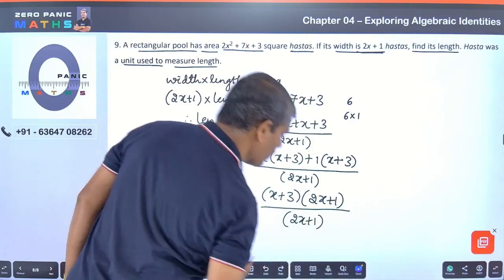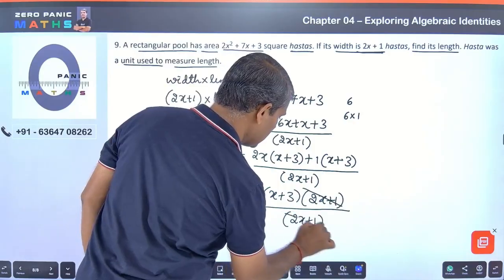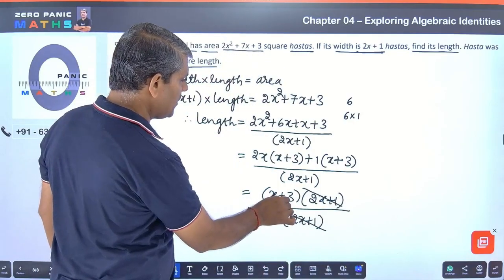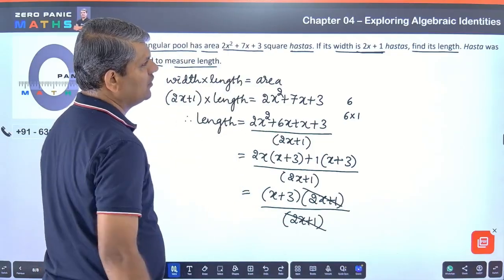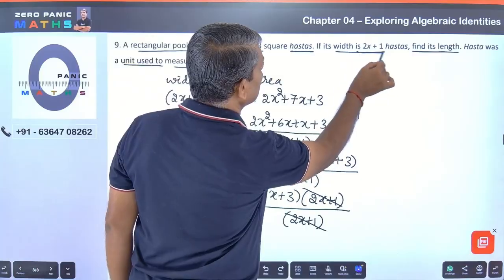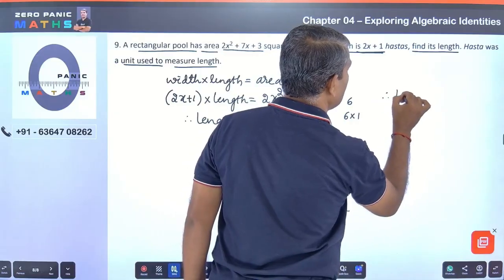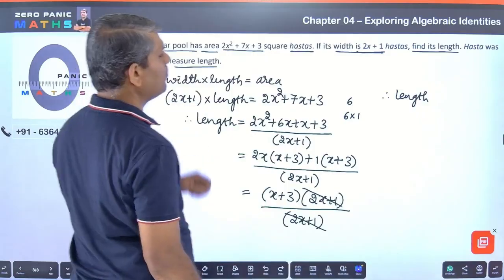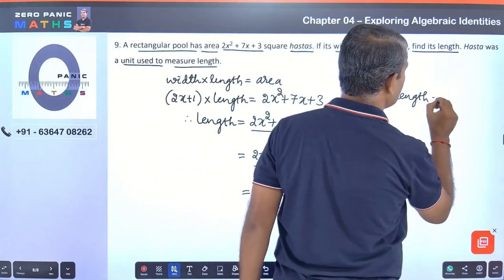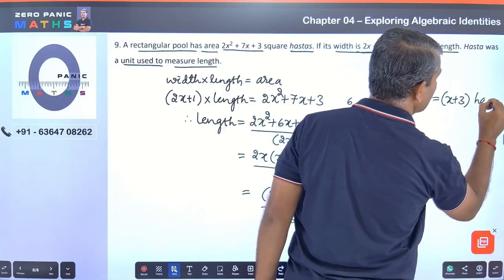Finally we will cancel this and this, and what remained is x plus 3. x plus 3 is the required length. Length in what unit is it? Hastas. So therefore you can say the length of that rectangular pool is x plus 3 hastas.